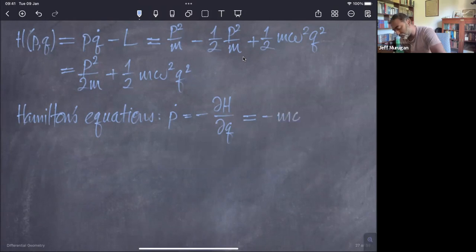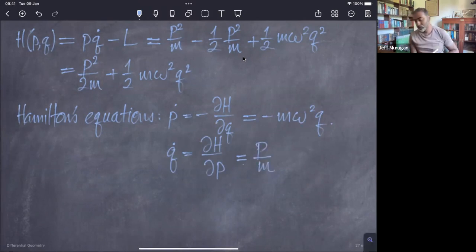So this is minus m omega squared q. And q dot was plus dH by dp. And dH by dp is just p over m.